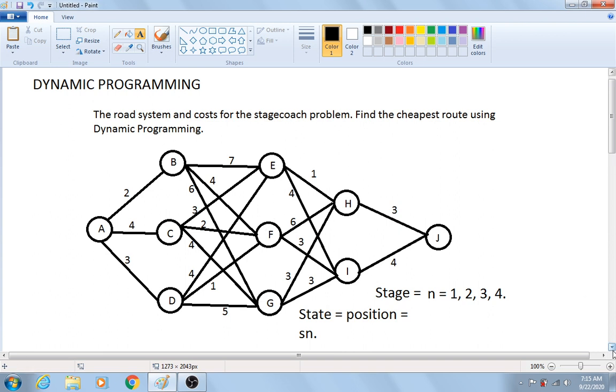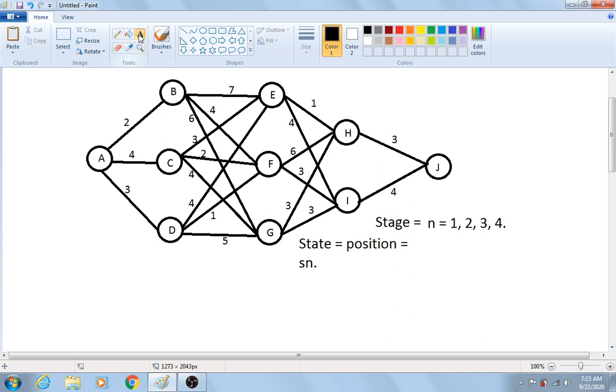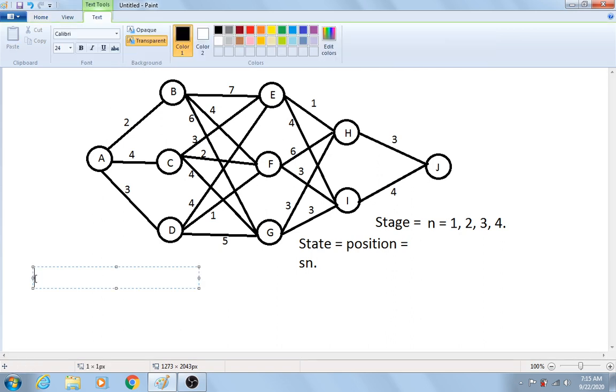Now, the next thing that we need to know is what we call the decision variable. The label for the decision variable is x sub n, which indicates our decision for stage n.